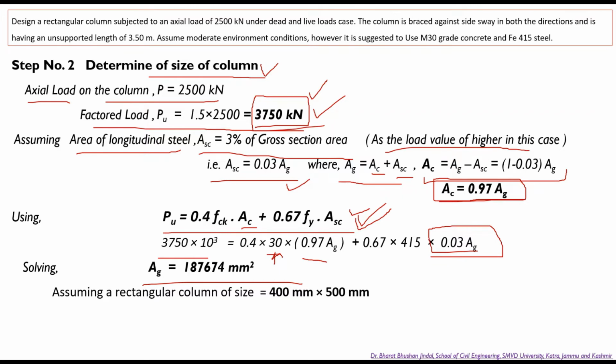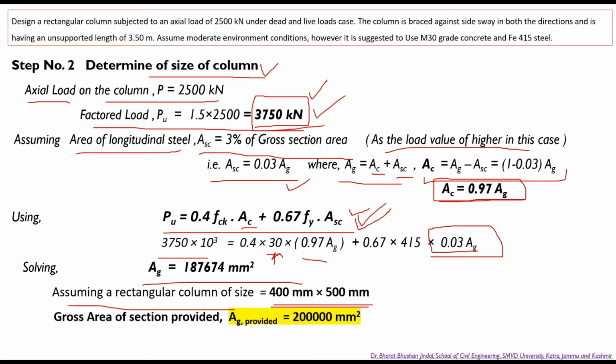Since we are going to design a rectangular column, we can choose the section randomly, by hit and trial, you can just select the size. I have selected a rectangular column of size 400 millimeter by 500 millimeter. Based on this assumption, what is the gross area?